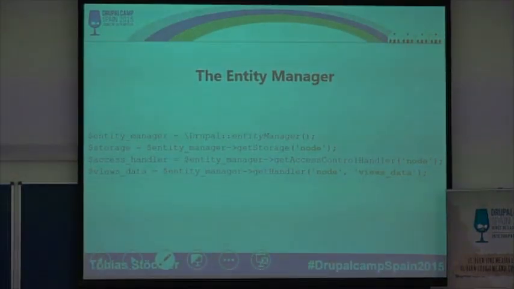Among other things, the entity manager has these useful little methods for getting all these handlers. If you now want to do something with the storage of a node, and we'll see what you can do with the storage in a minute, but let's just say you want a storage handler for nodes, you just tell the entity manager, give me the storage for nodes. And if you want to do something with access, you tell it, give me the access control handler for nodes.